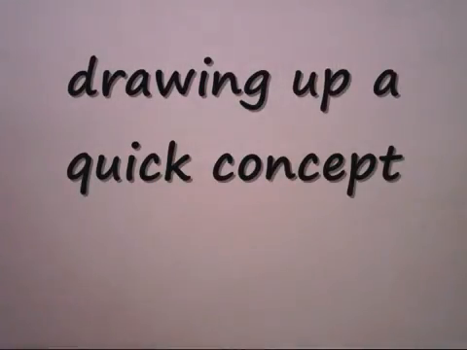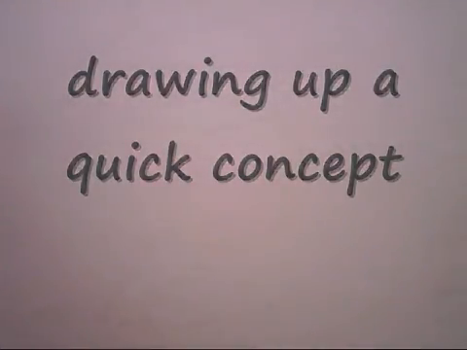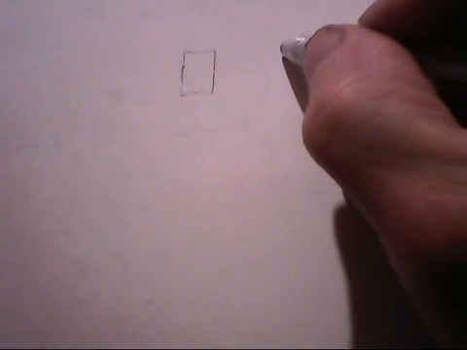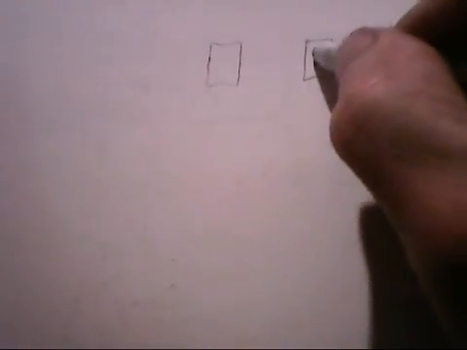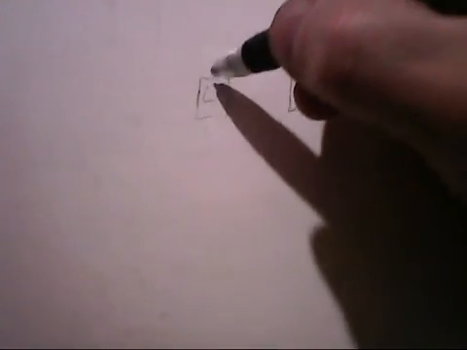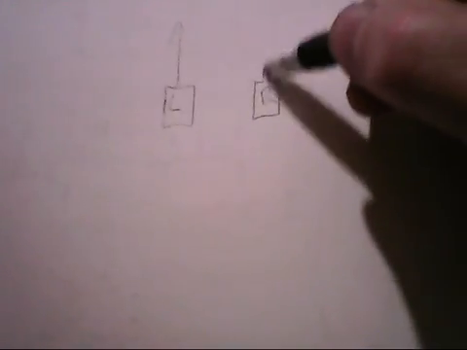Okay, so let's see if we can draw this up now, how we want to make this next circuitry. Let's represent this box here as the left column and the right column. Those are the columns going up for the green lights. Now we have two buttons here, and our firing button over here.